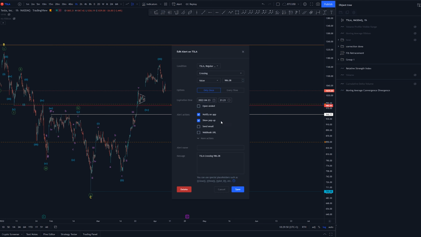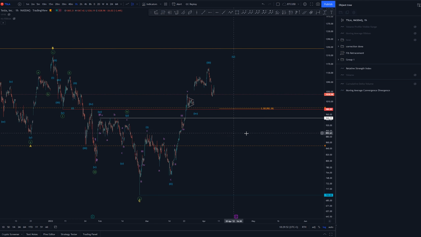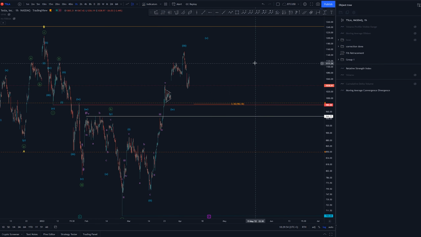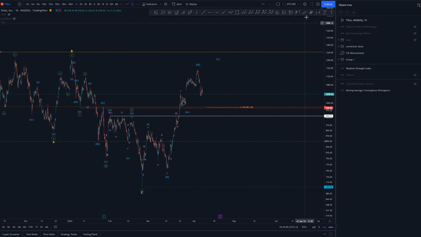They should be above here. It would indicate that we're coming to a close around here, bringing us down for wave 2 before heading higher.